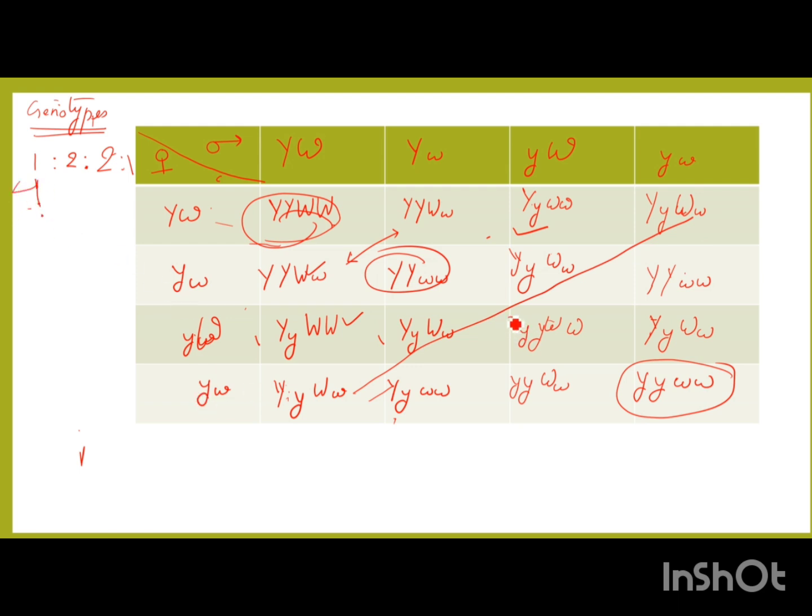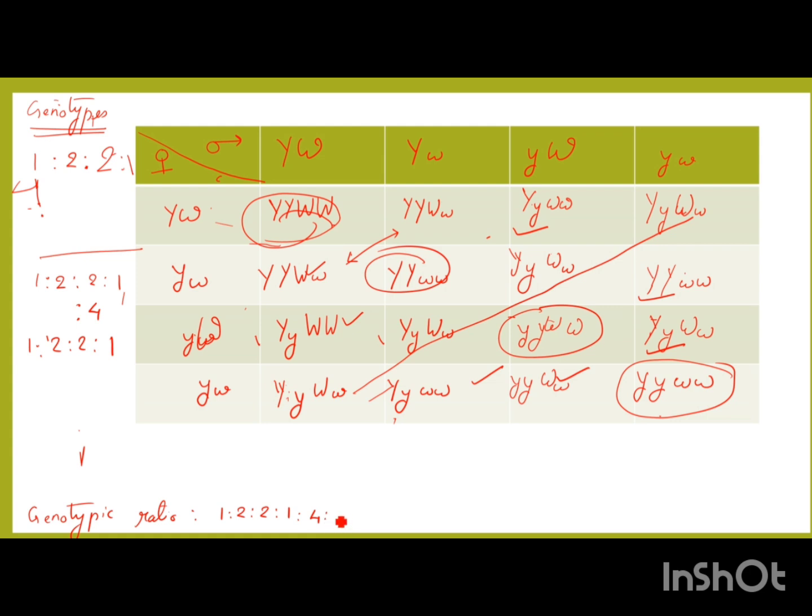And again we will find here this is 1, this is 2, this is 2 and this is 1. So the genotypic ratio of the F2 cross comes to 1:2, 2:2, 2:1, 4, 1:2, 2:1.